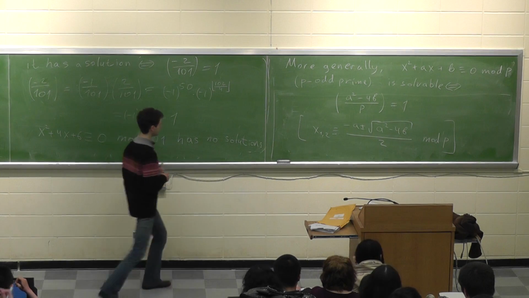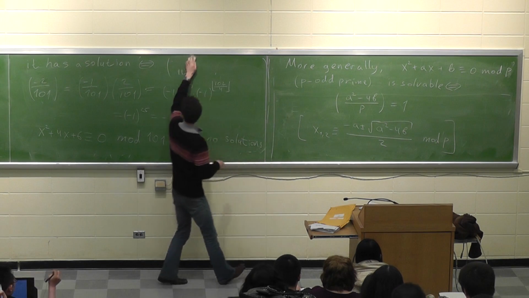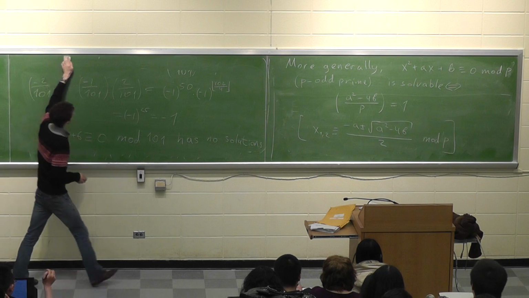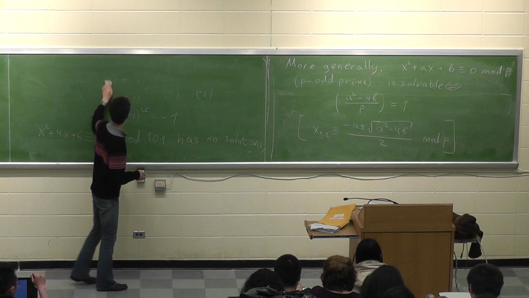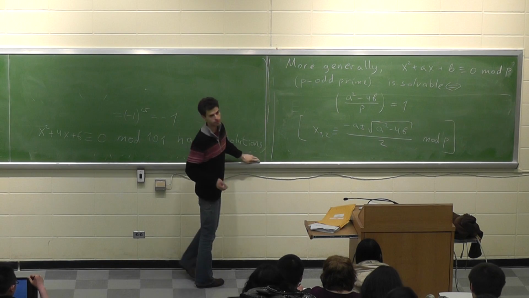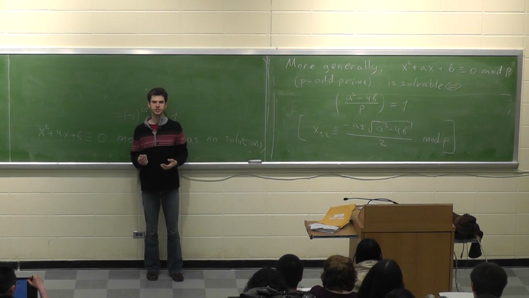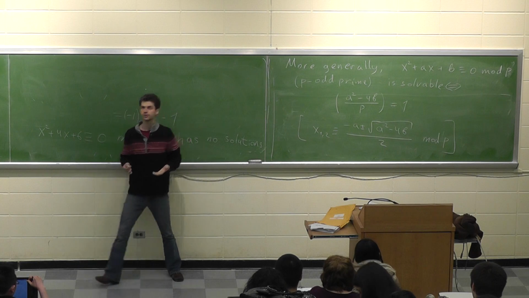So another thing for which quadratic reciprocity is useful. Suppose you want to understand something about, well, we've seen an example of this last time. Suppose you want to understand which prime numbers could be divisors of some number of such a form.